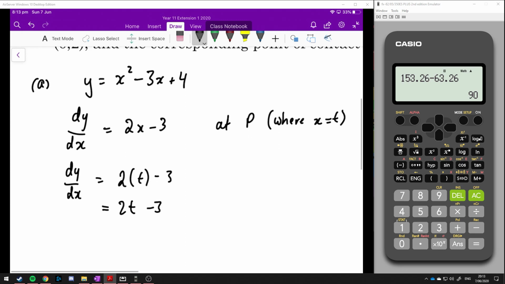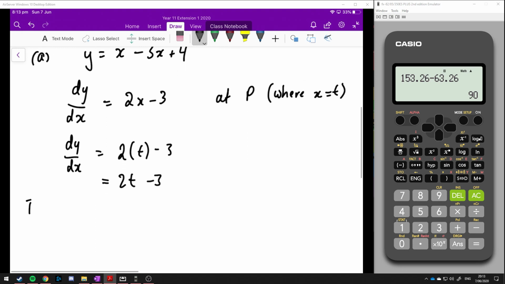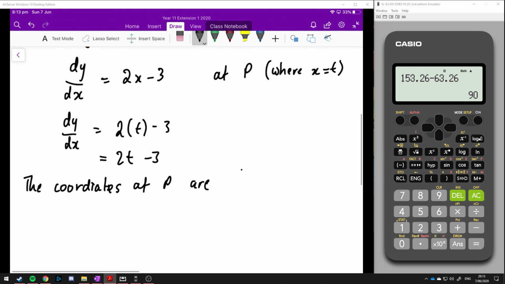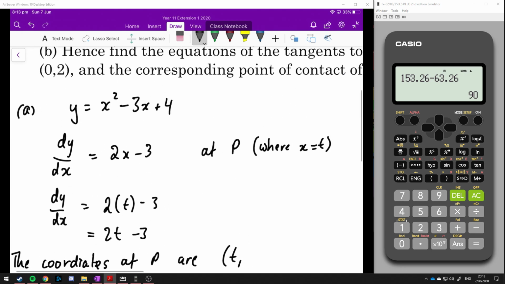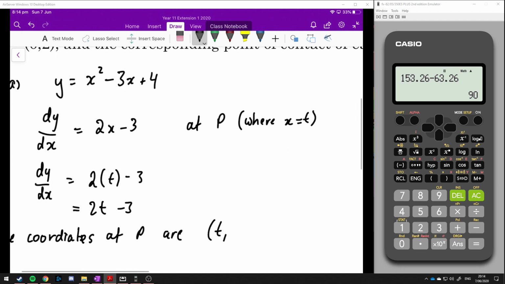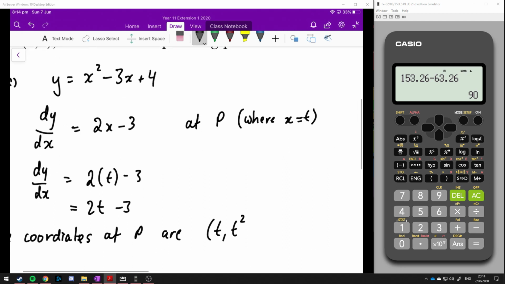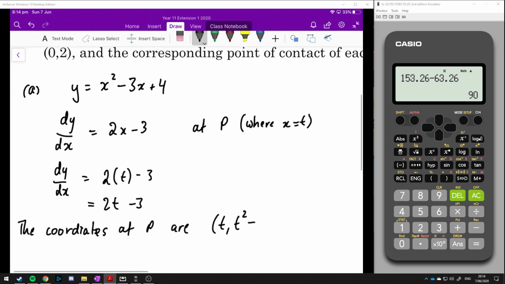Okay. Now, the specific coordinates at P are, and remember P is made up of t and then the function value at t, so x squared becomes t squared minus 3t plus 4.